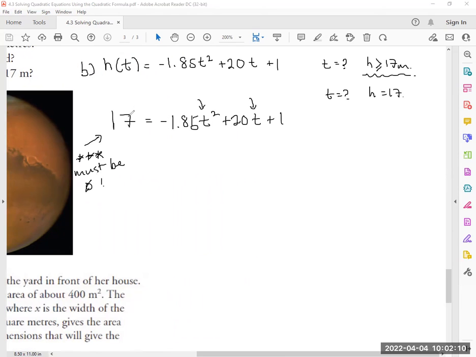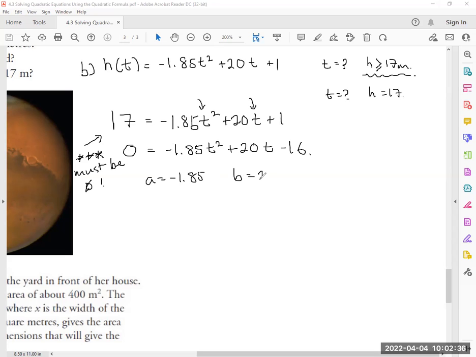So I'm going to rearrange it. Subtract 17 from both sides, leaving one side as a 0, and the other side will have a changed equation. It's not a +1 anymore. It's 1 minus 17, a minus 16. Now we can do the quadratic formula. My A value is negative 1.85.